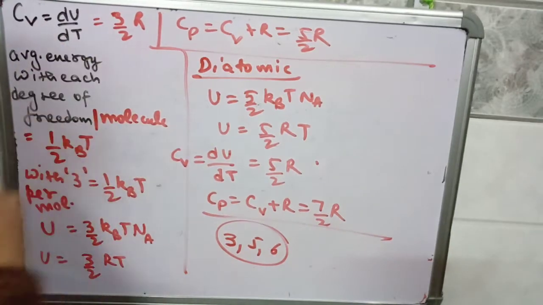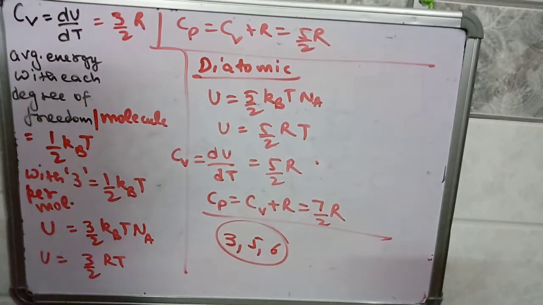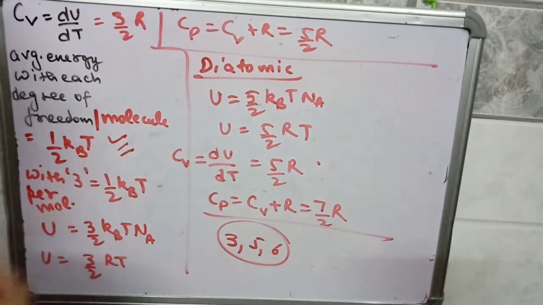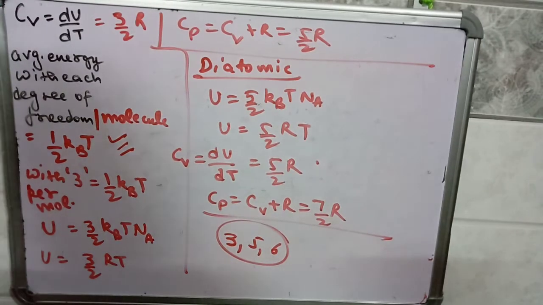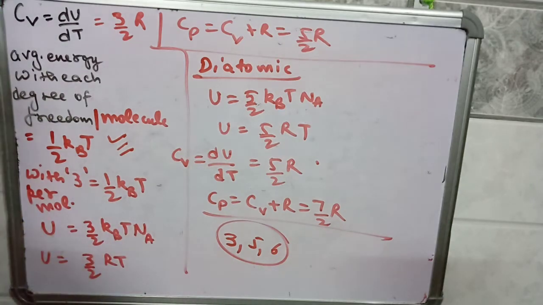So you need to calculate the value of U and then differentiate it. Now there is the law of equipartition of energy. It states that the average energy associated with each degree of freedom per molecule is half kBT.